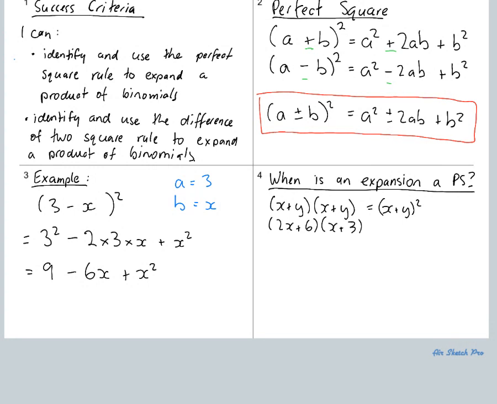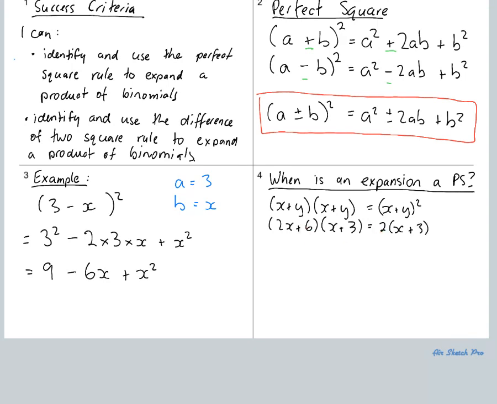In other words, you recognize that there is a common factor. Thank you, Will. As Will said, there's a common factor of 2. So just to explain what we're talking about here, if I have a common factor of 2 here, 2 goes into both of these numbers, then I can draw that 2 outside the bracket and say 2 times what equals 2x, x, 2 times what equals 6, positive 3.